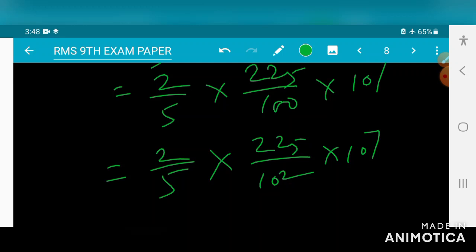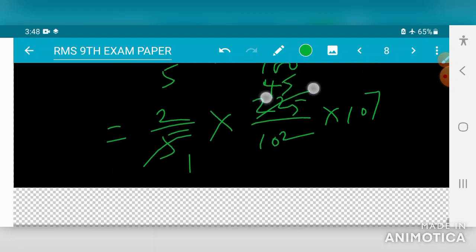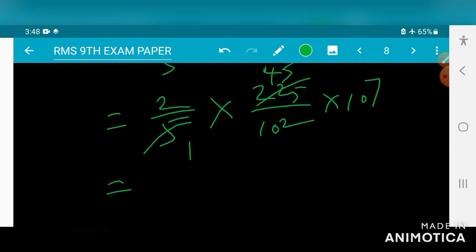Now see, 5 ones are 5, 5 fours are 20, 2 is carry, 5 fives are 25, 45 times.